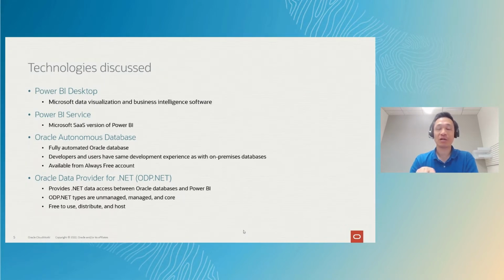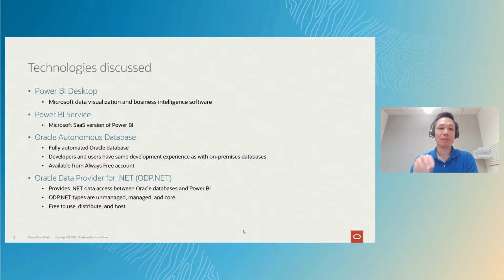But the nice thing for, say, Power BI users as well as developers is that the experience with developing applications for the Oracle Autonomous Database is virtually the same as with on-premises databases. So whether you're dealing with on-premise or autonomous database, you as a Power BI developer or Power BI user won't see that much of a difference. And the other nice thing about Autonomous Database is that it is available in Always Free accounts, so if you are a developer and you want to develop an application with it, you don't have to pay. You can just use an Always Free account to get up to 2 Autonomous Databases to connect to.